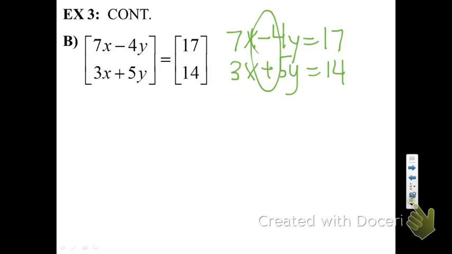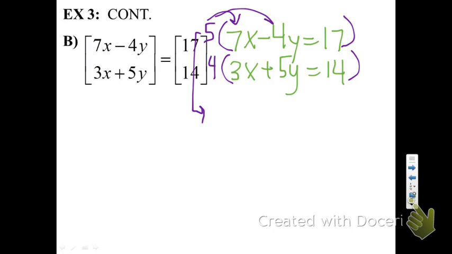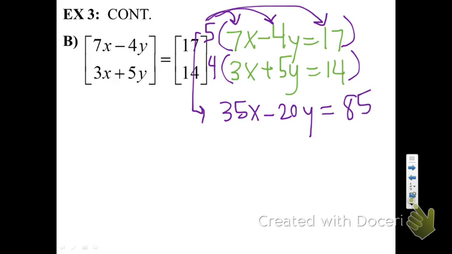Because these are already opposites right there, I'm going to choose to eliminate the y first, and I'll eliminate by multiplying the top one by 5 and the bottom one by that number, 4, and then I'm going to rewrite these equations. So I'll distribute the 5 through first.